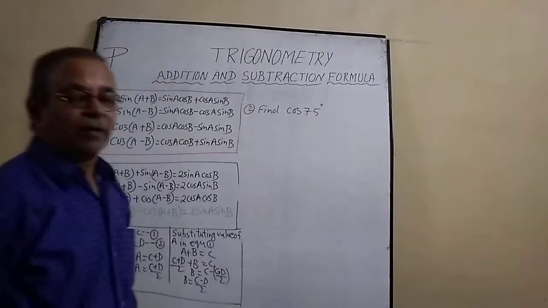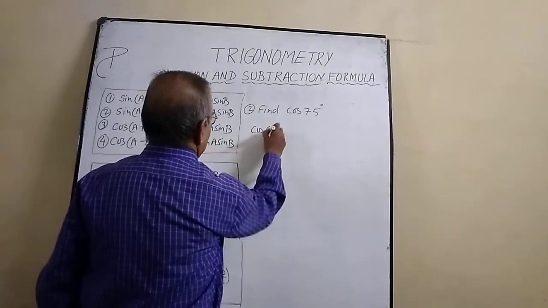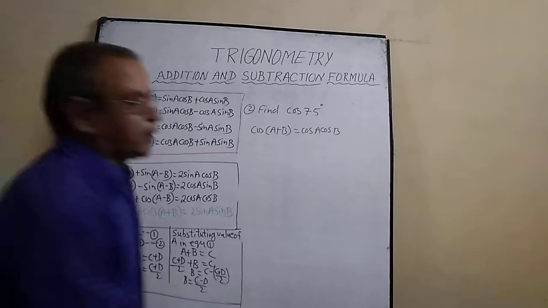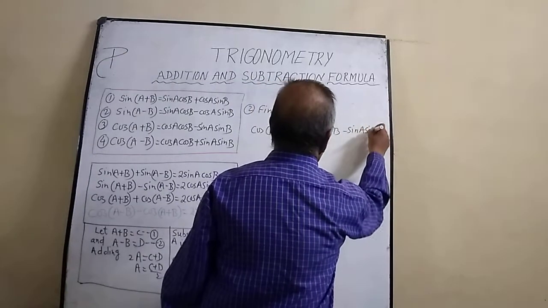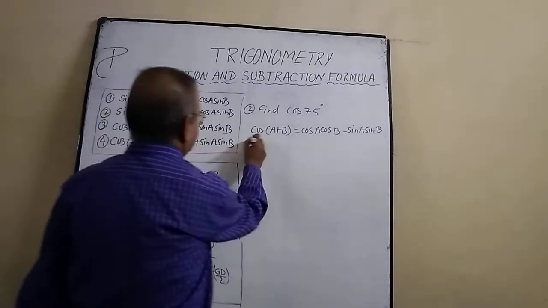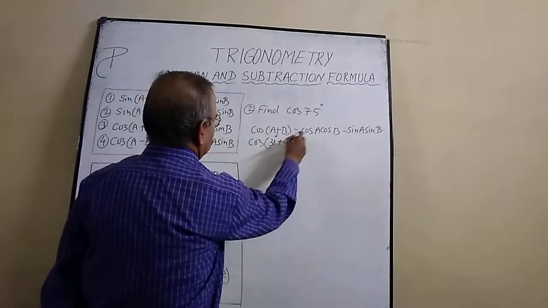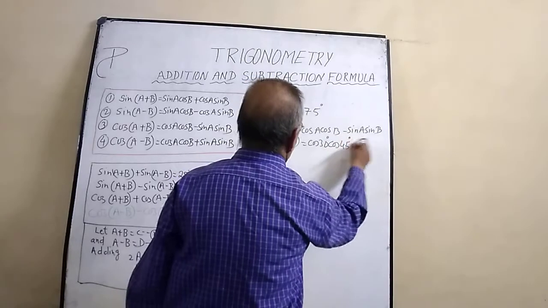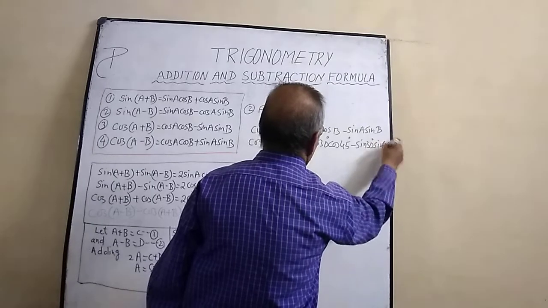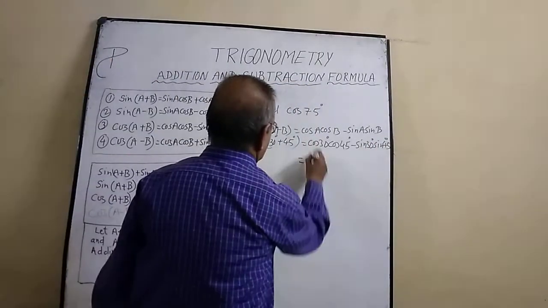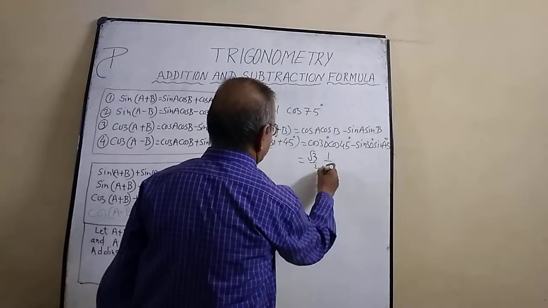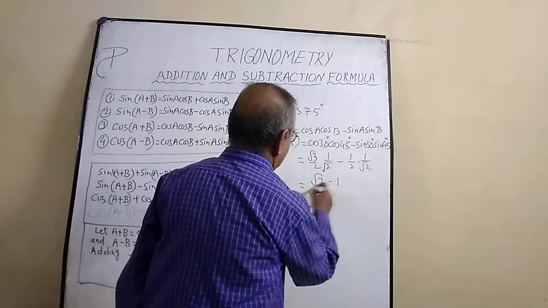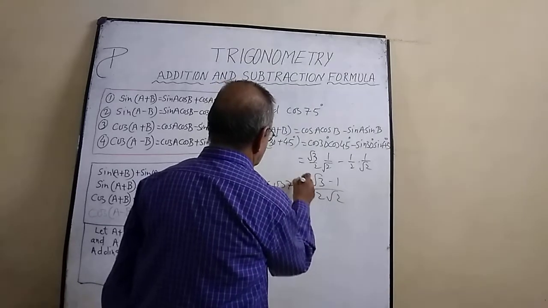Now we find the value of cos 75 degrees. Cos A plus B is equal to cos A into cos B minus sin A into sin B. So cos of 30 degrees plus 45 degrees is equal to cos 30 degrees into cos 45 degrees minus sin 30 degrees into sin 45 degrees. This is root 3 by 2 into 1 by root 2, minus 1 by 2 into 1 by root 2, and therefore root 3 minus 1 upon 2 root 2 is equal to cos 75 degrees.